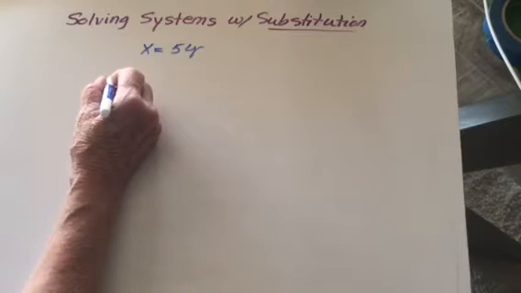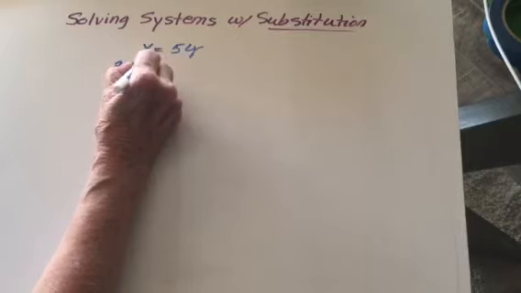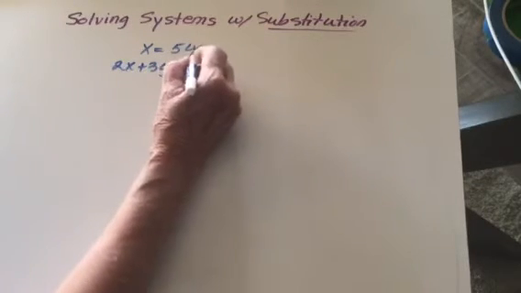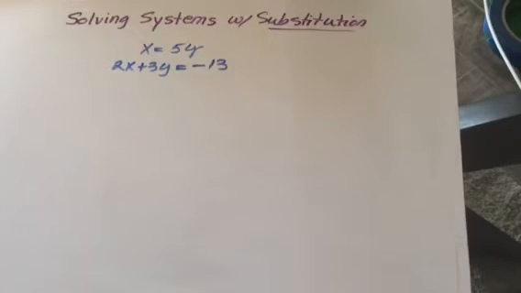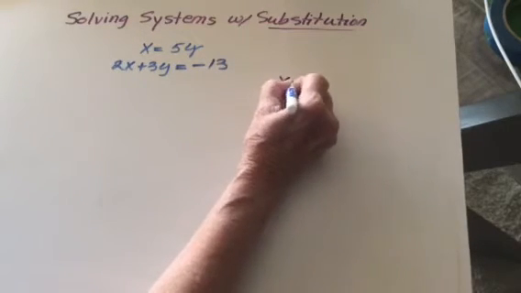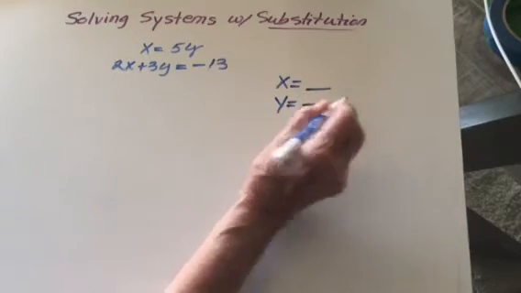Another equation says 2x plus 3y is negative 13. We're trying to figure out what x and y equal. When we're all done, we want to be able to say x equals something and y equals something.